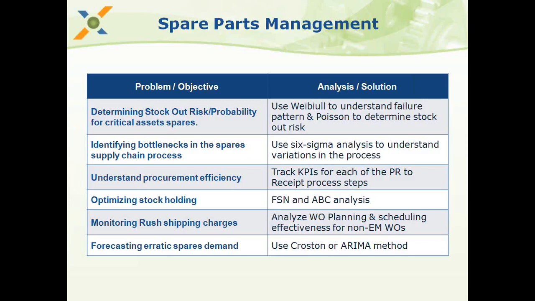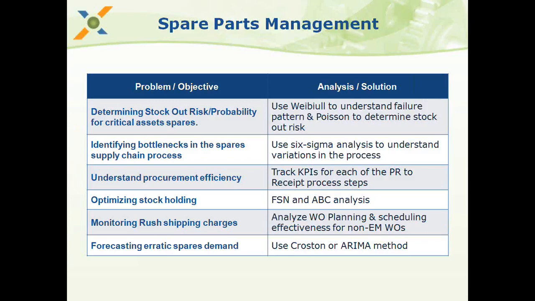Also, many a time there is a bottleneck in how we manage the entire spare parts process, when a work order is created and how we procure that or get that material from the stores. All these processes can be analyzed using Six Sigma to see whether there are any marked variations and whether some of those can be minimized, so you can predict the time required to actually get the particular spare.